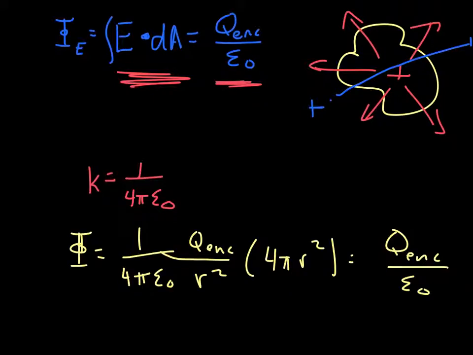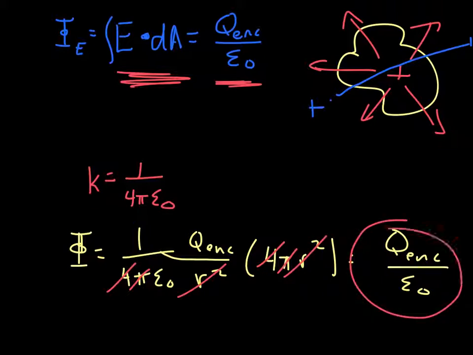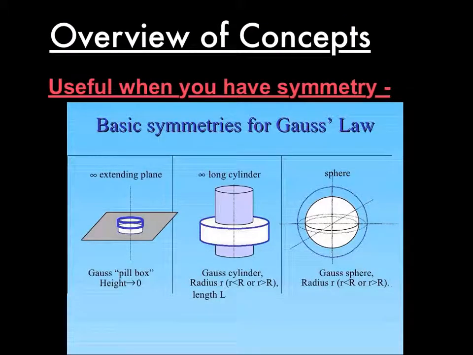So if we write out the electric field and the area of a sphere, the 4 pi cancels, the r squareds cancel, and you're left with just Q enclosed over epsilon naught, because the electric field is proportional to 1 over r squared, and the area increases as r squared. So the growth in the area cancels out the fall-off of the electric field.